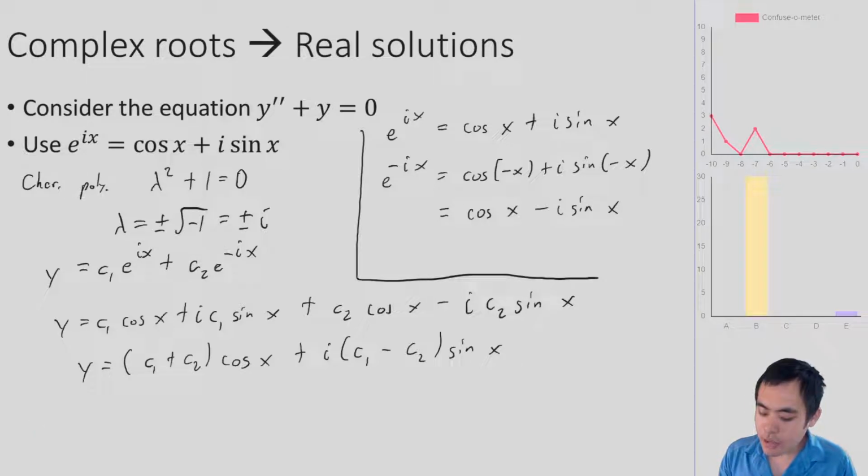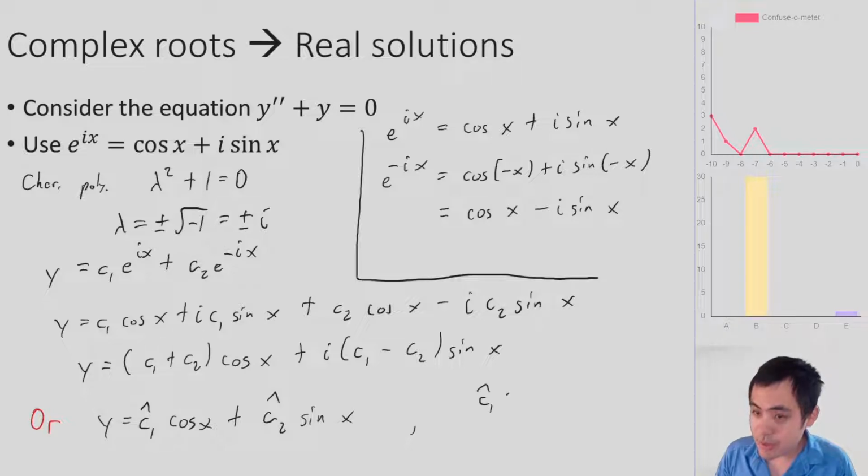But of course, we can combine together coefficients. So another way of writing this is that you have y is equal to, I'm going to call this c1 hat because it's just a different c1, cosine x plus c2 hat sine x, where c1 hat is equal to c1 plus c2, and c2 hat is equal to i times c1 minus c2.